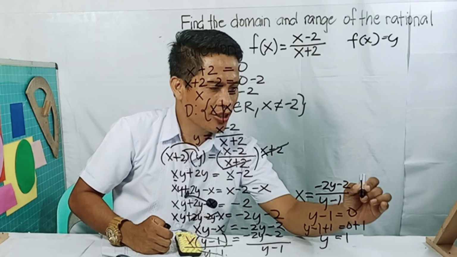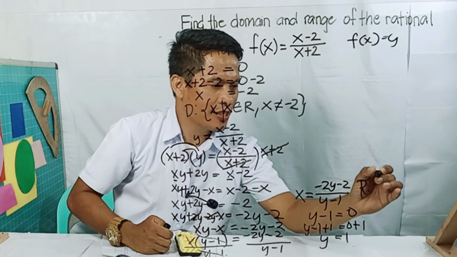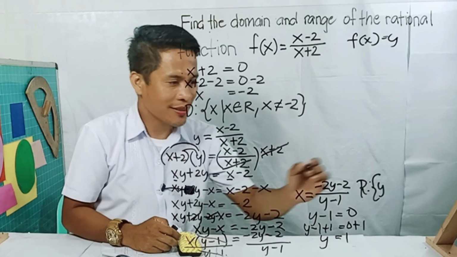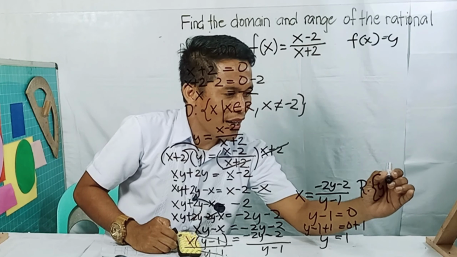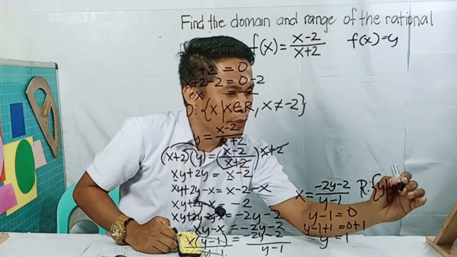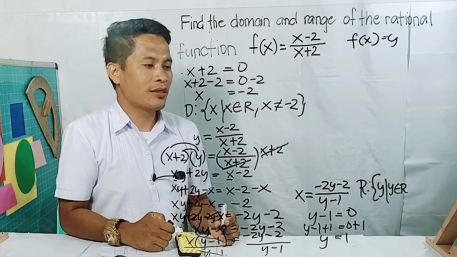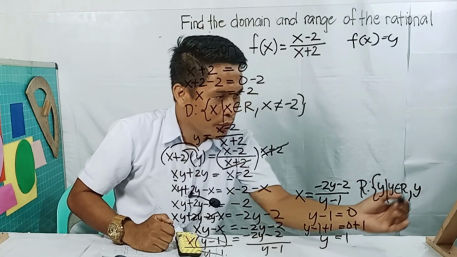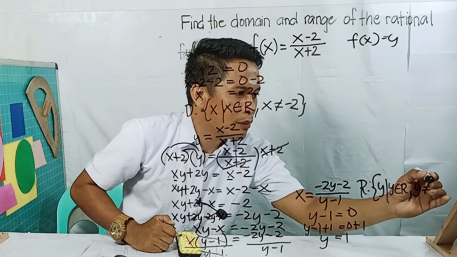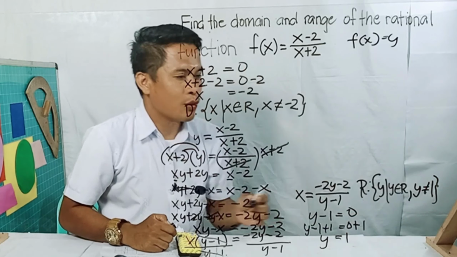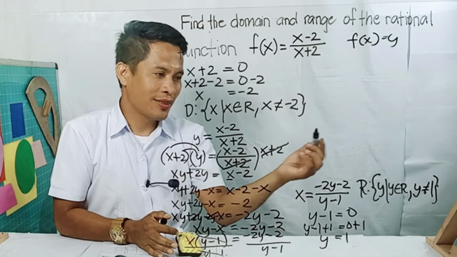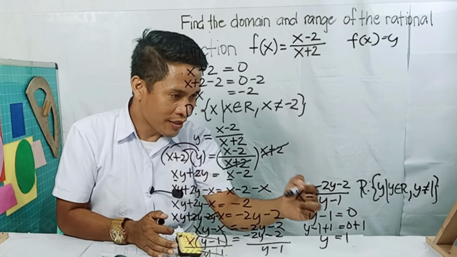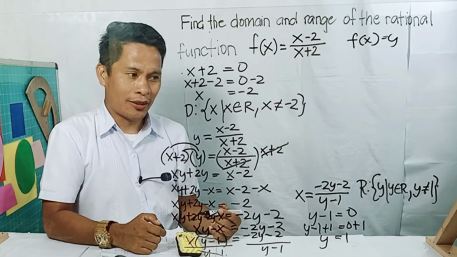And the range is all the values of y such that y is an element of real numbers wherein y is not equal to positive 1, because 1 is the value of y that will make this expression undefined.